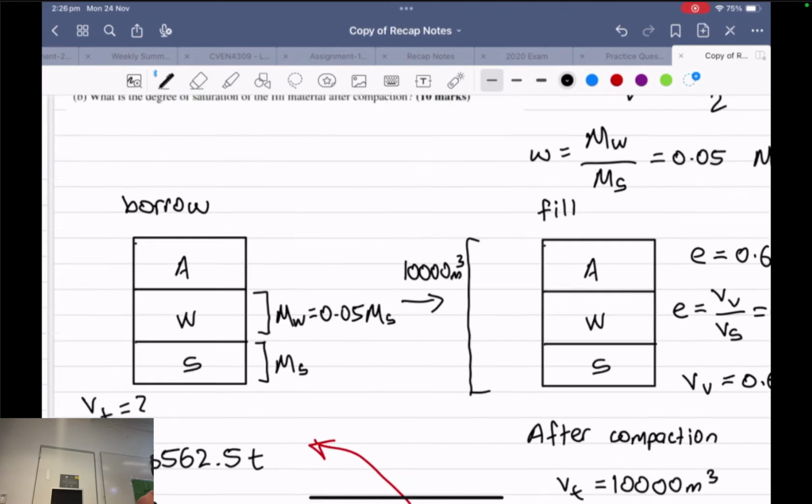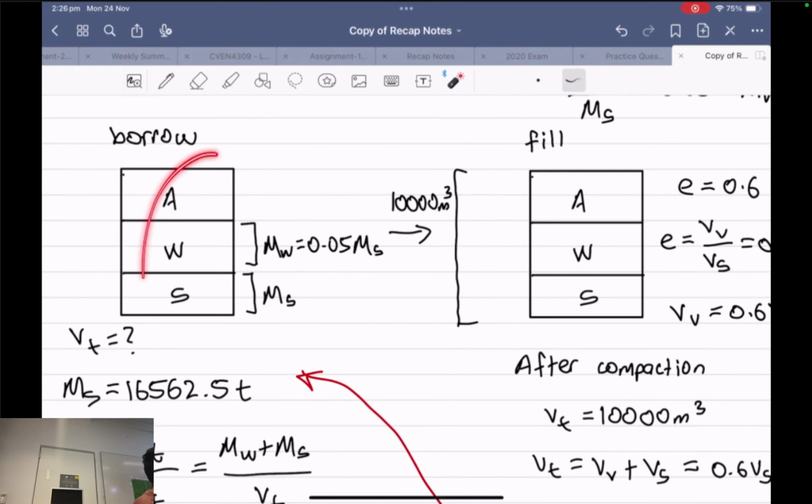So how much soil was excavated from this borrow area and put into the fill? It was this amount, right? The total mass. And that total mass is equal to 1.05 ms. Because if you think about it like this, imagine you take the soil from the borrow area, you weigh it, right?